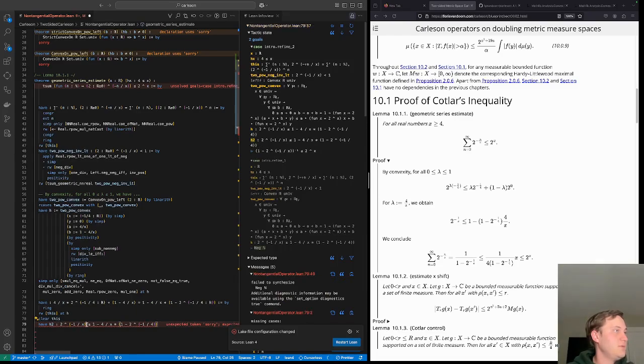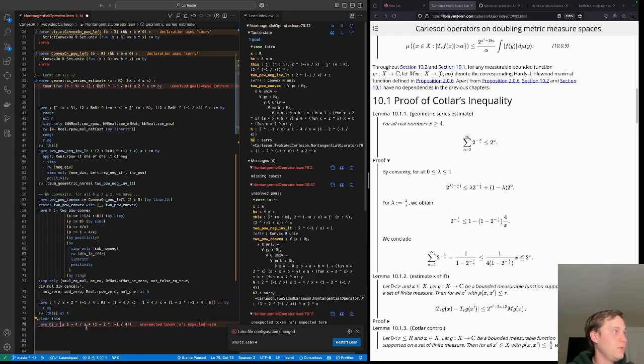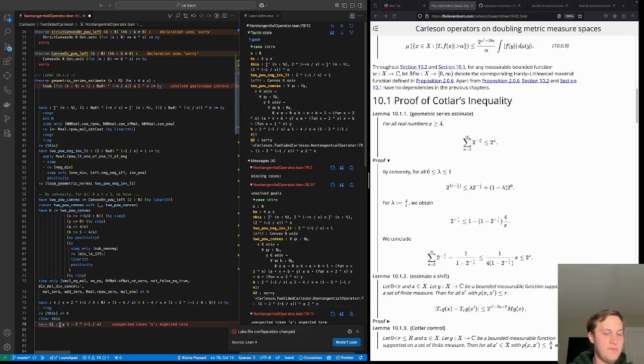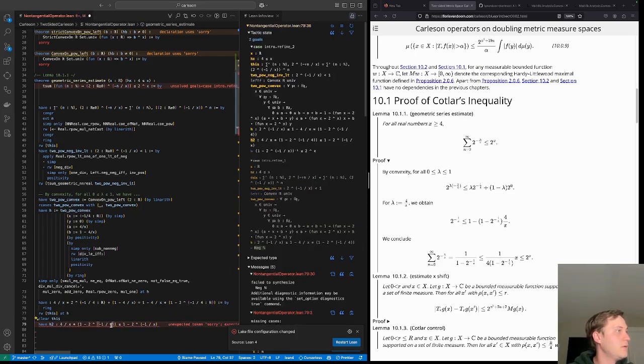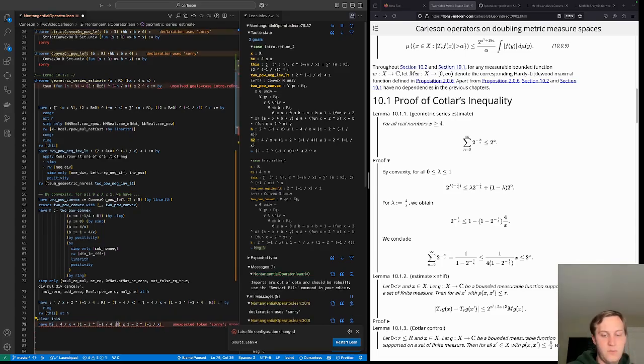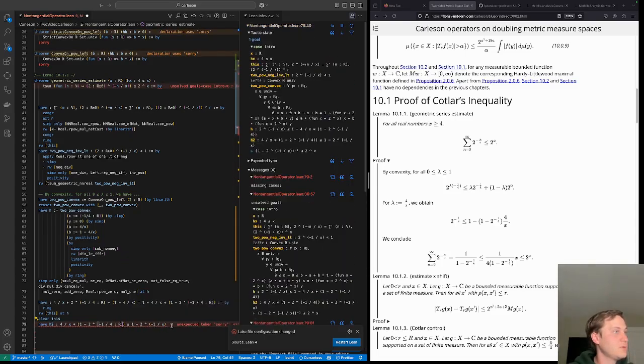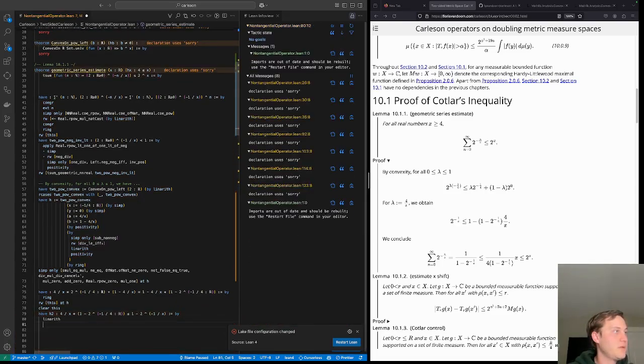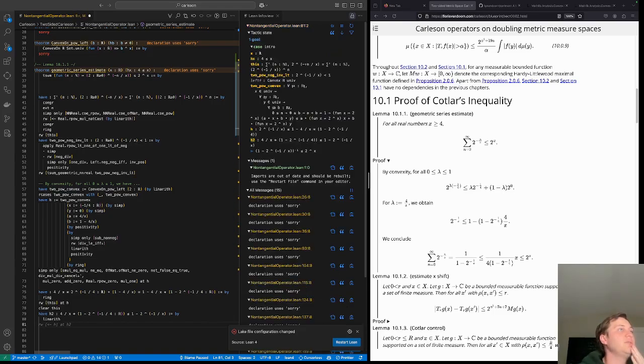We want to subtract this, so that we have this on this side. It's still the case that we're dealing with reals, by linarith. Cool. So we have H2 now, which is that formula.